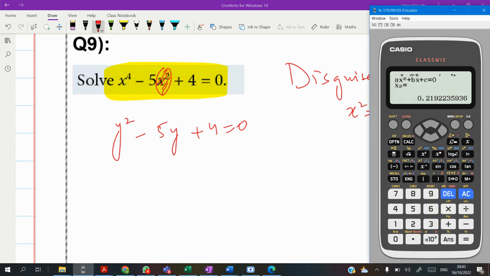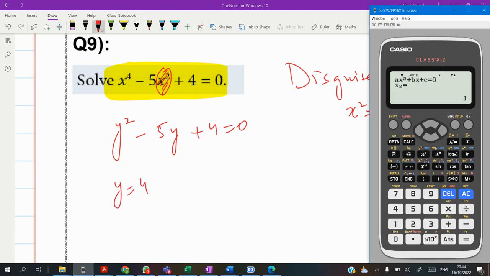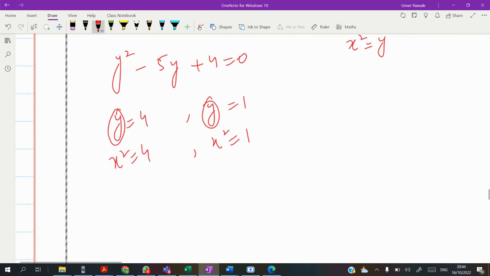Now you get your answer by using the calculator. Enter 1, enter -5, enter 4. What is the first answer? 4. So y is equal to 4. And the second answer is y is equal to 1. But you remember your y was equal to what? That was x squared. So x squared is equal to 4 and x squared is equal to 1.